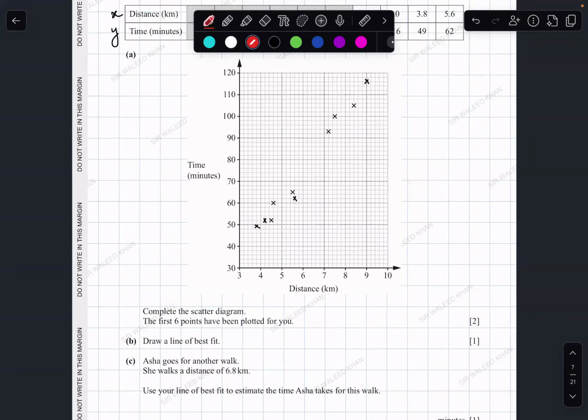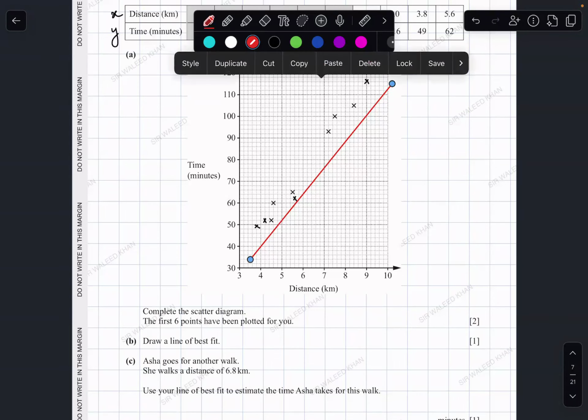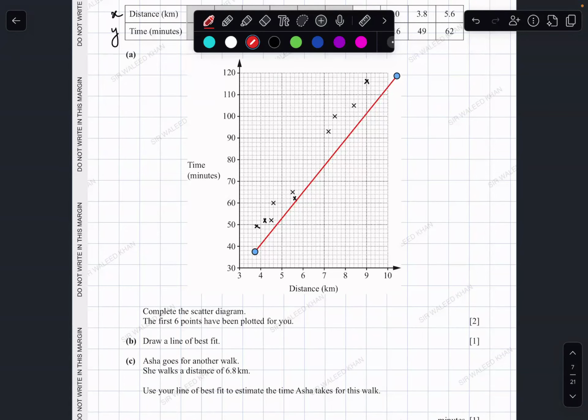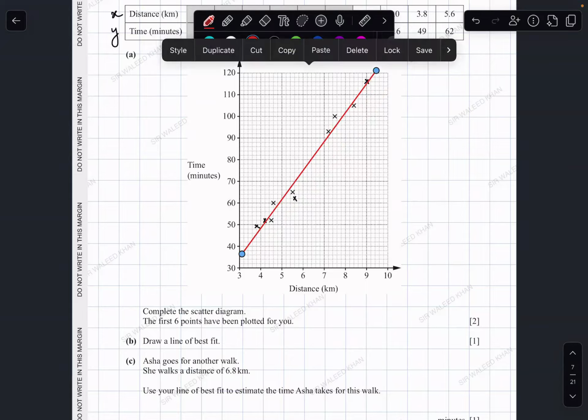So, drawing a line of best fit, let's draw a line. As you can see, it's totally not a line of best fit, because it's ignoring all the points. So we have to adjust it. You should adjust it with a ruler, such that it crosses as many points as it can and the rest are balanced about.